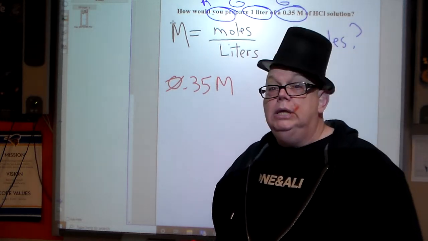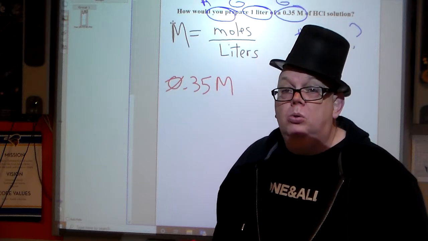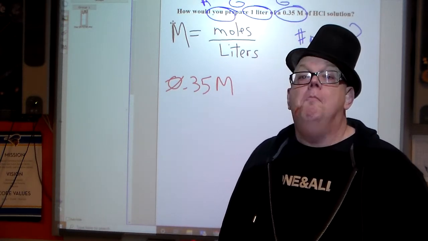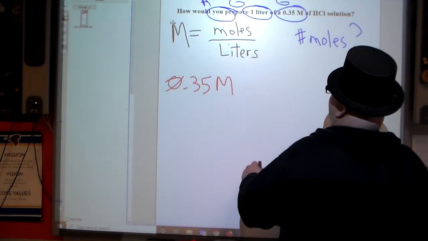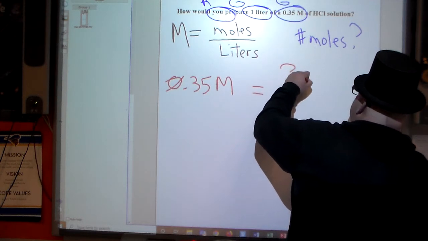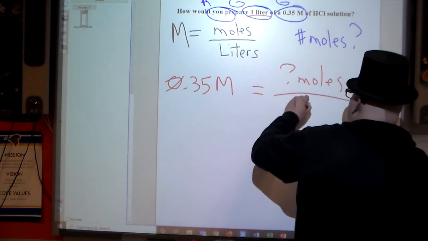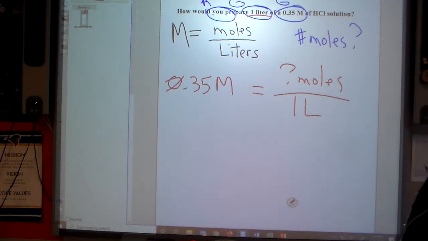The MOL, not LOL, MOL is the number of moles. This is not moles, this is molarity or molar. Okay? So that's what we have, and that's going to equal how many moles, and they gave us the information here of 1 liter. I can abbreviate that with the letter L.